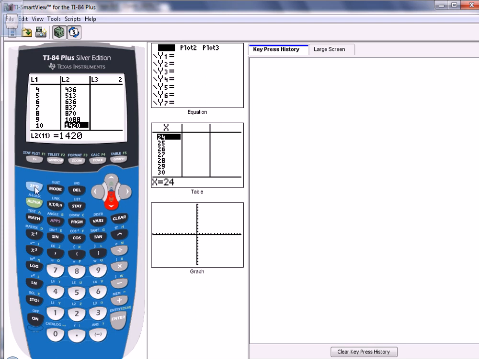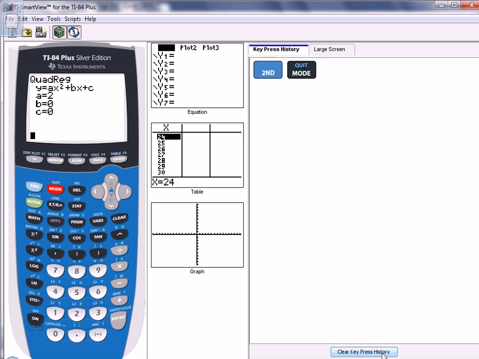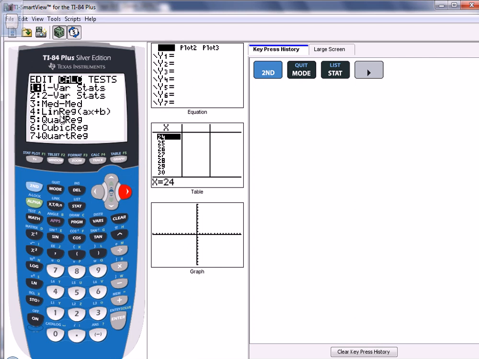Okay, and now we're going to find the equation for it. So we'll quit out of this. Second, quit, which is mode, and then hit stat, arrow over to calculate, quadratic regression, choice 5.